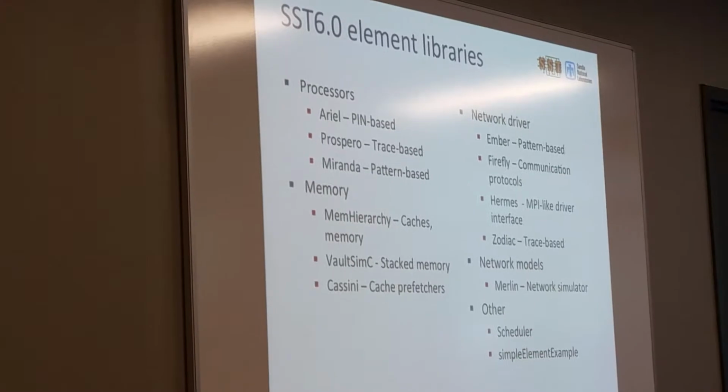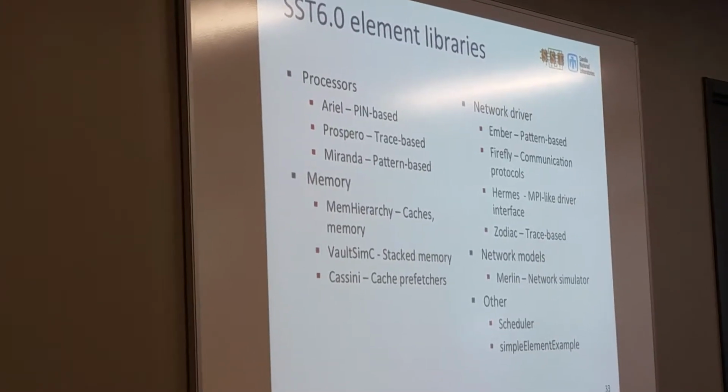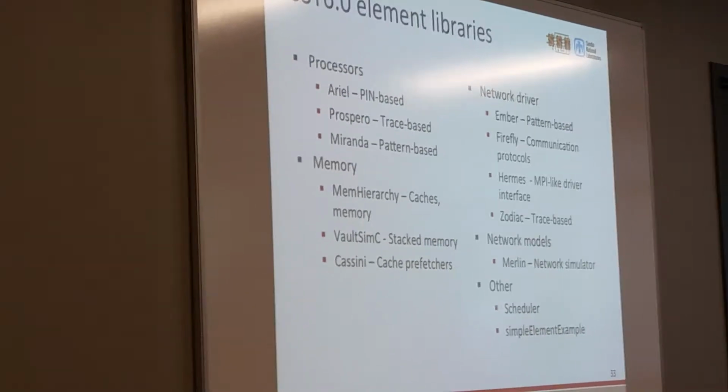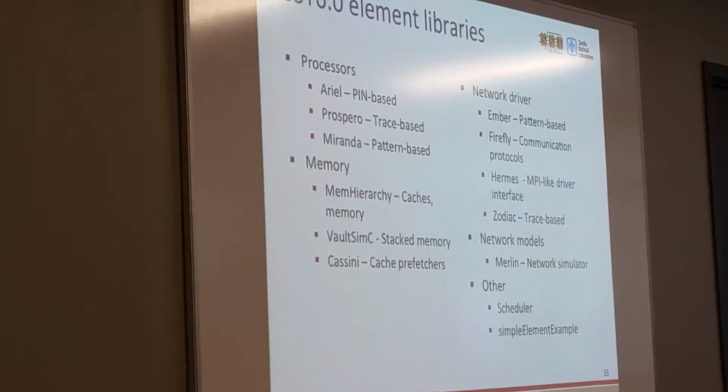So there's the Ember library, which does pattern-based communication. Similar to Miranda for memory accesses, Ember can create patterns of network accesses using state machine-like models. Firefly is another network driver which encapsulates different communication protocols, for a variety of MPI-like libraries.